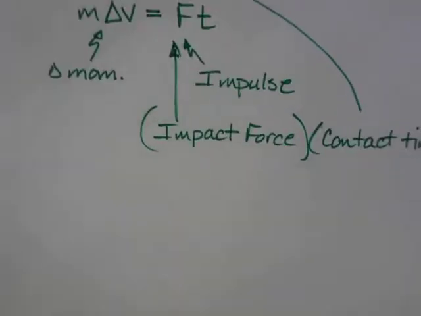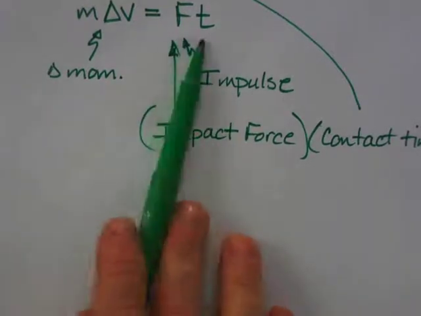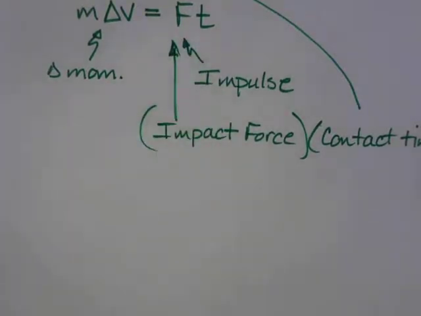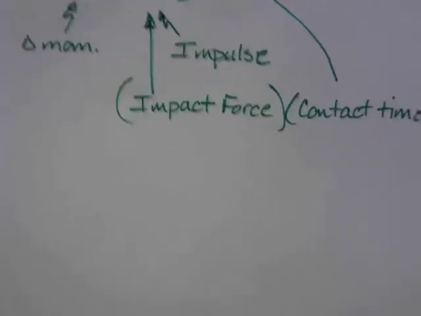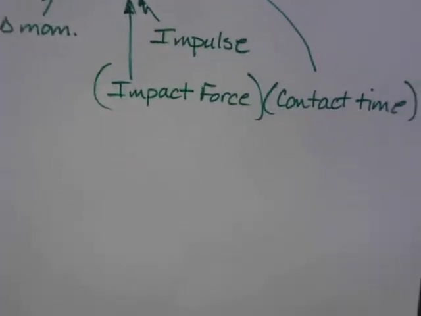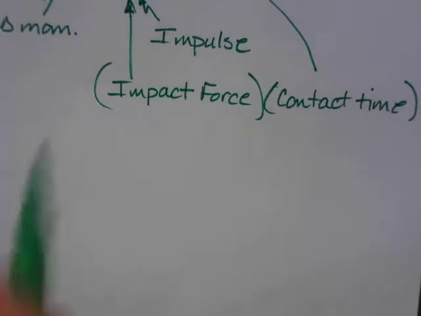All right, let's talk about sports for a minute here, get away from cars. Impulse is used a lot by athletes. Think about sports wherein collisions occur, or a lot of ball sports: tennis, golf, soccer, even basketball, volleyball, football, anything where there's a ball that's moving.